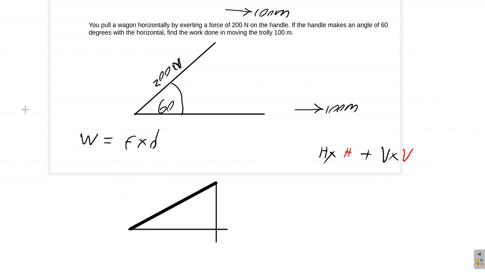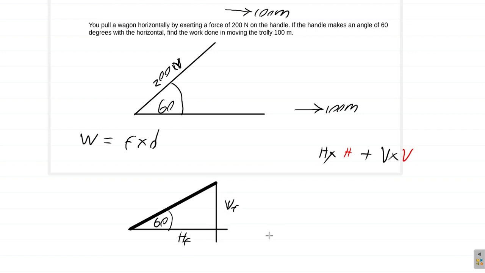Now, even though it doesn't really look like 60, this is our 60 degrees. So let us call this V and this H. H1 and V1. Or since it's the force, HF and VF. Just making up those names for it.